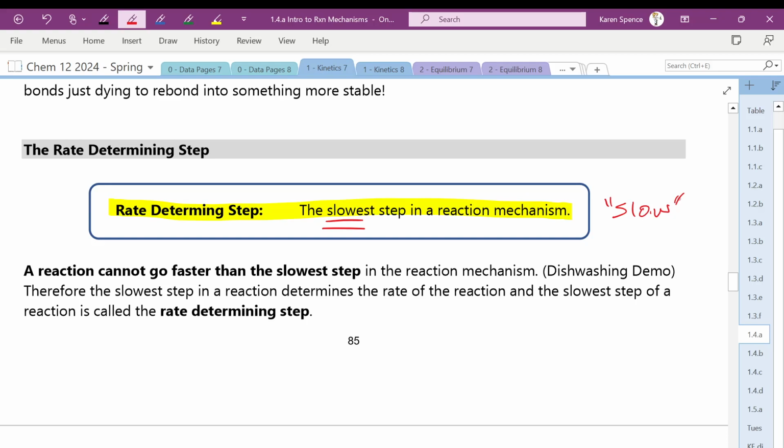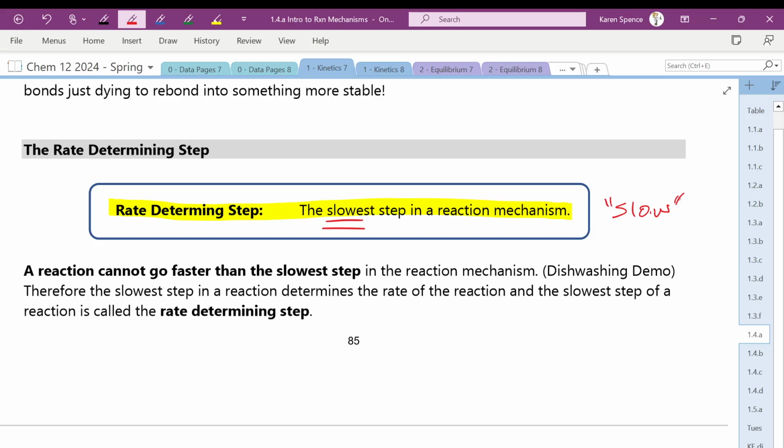Okay? A reaction cannot go faster than the slowest step. And that's why it determines the rate. That's why it's the rate determining step. Okay, let's just use speeds, like we're traveling along a road.